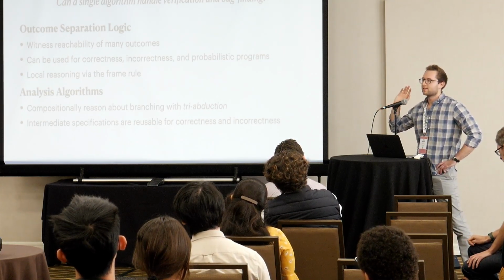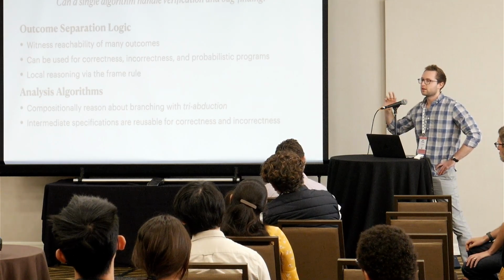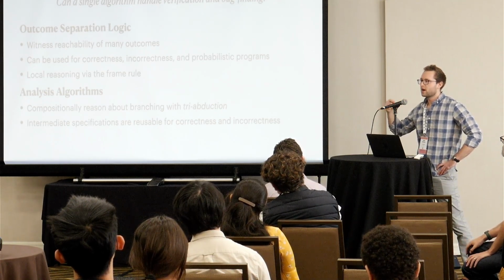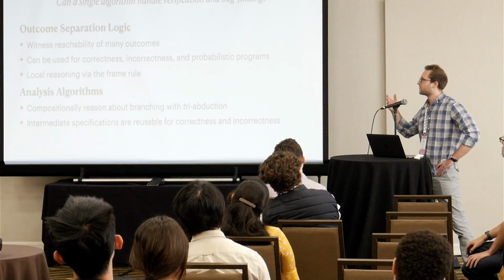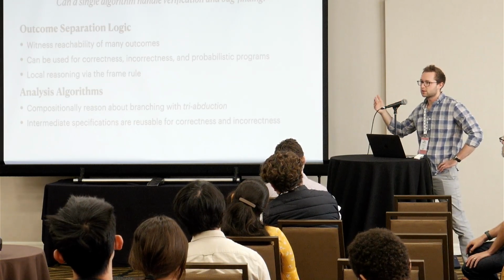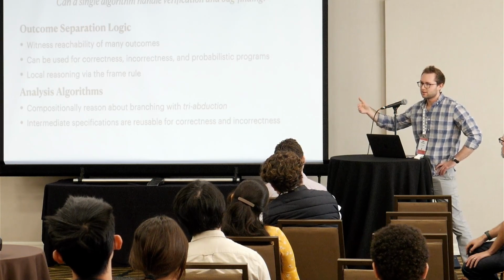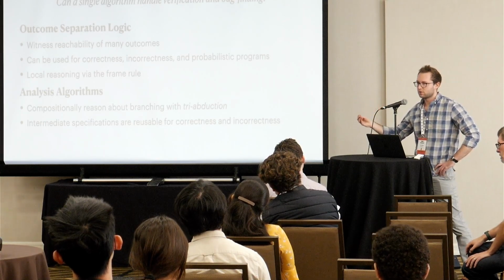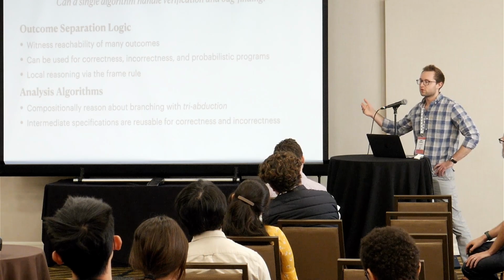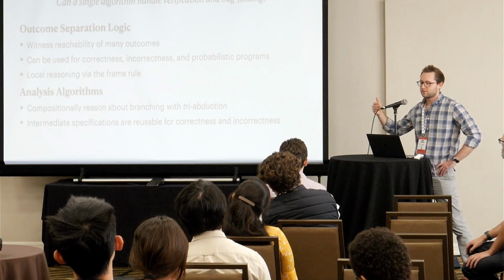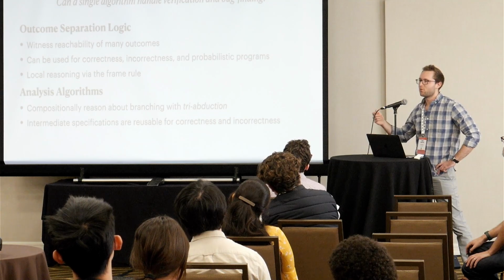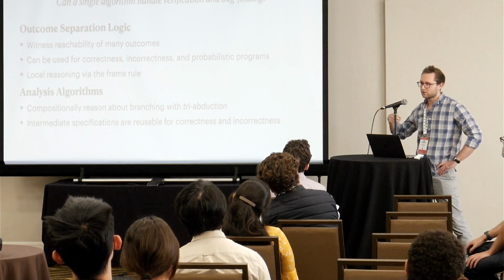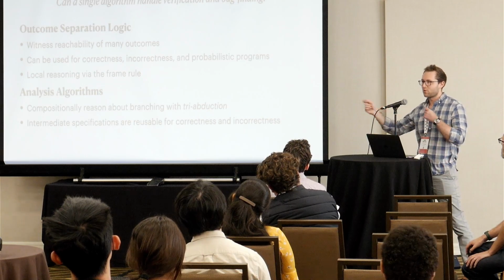In incorrectness logic, if you want to do that, you need to have the information about why the loop stopped in the postcondition, because the postcondition has to be very precise. Everything in the postcondition must be reachable. You can do the same procedure with outcome logic. It's just that the information about why the loop is going to stop has to be in the precondition. So it's the same information, it's just where you're specifying it.